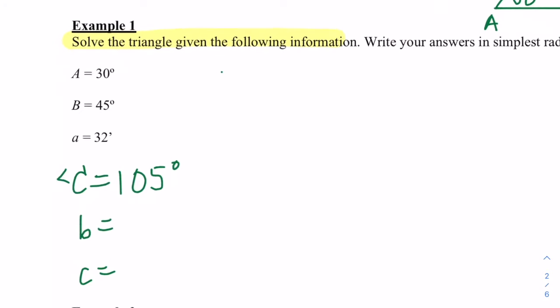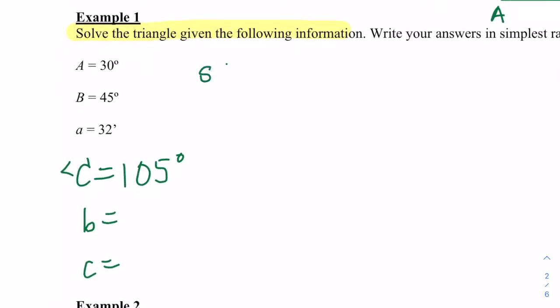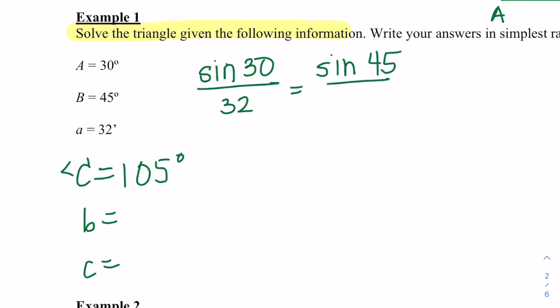To solve for side B, I'm just going to set up the ratio. So sine of A, which is 30, over A, which is 32, equals sine of B, which is 45, over B. We can simplify this, and that's why we're going to write our answers in exact form, because these are special triangles.